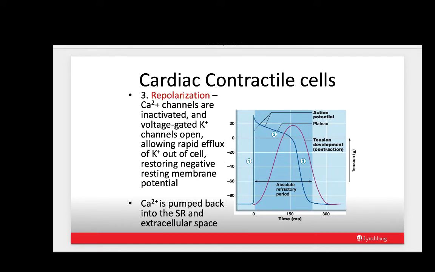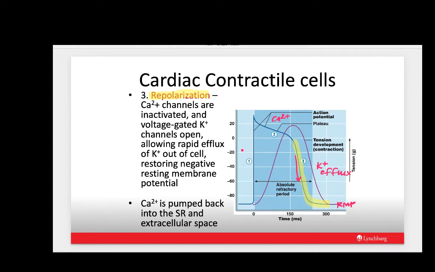And then the third phase is going to be our repolarization. So we have this part of the curve here, and this is our repolarization. Basically what's happening is that after a period of time, our calcium channels are going to close and voltage-gated potassium channels are going to open. And we're going to see an efflux of potassium reestablishing our negative resting membrane potential.